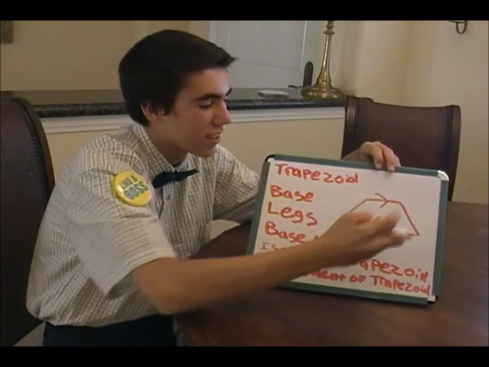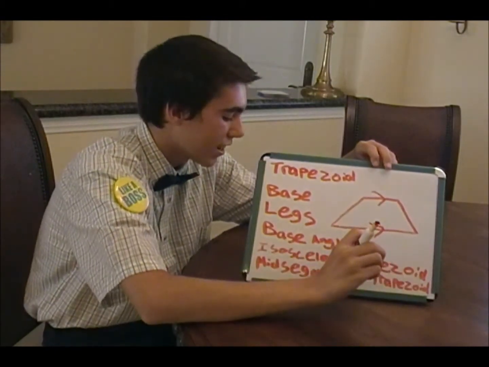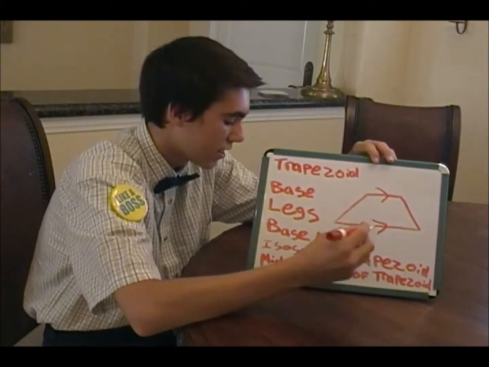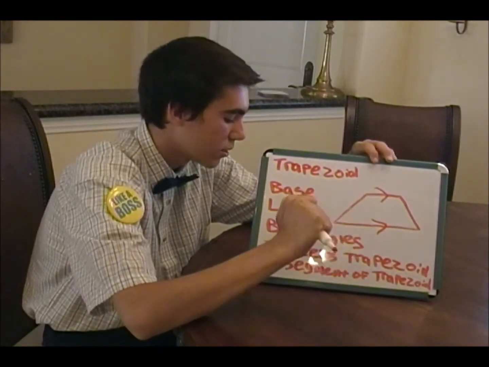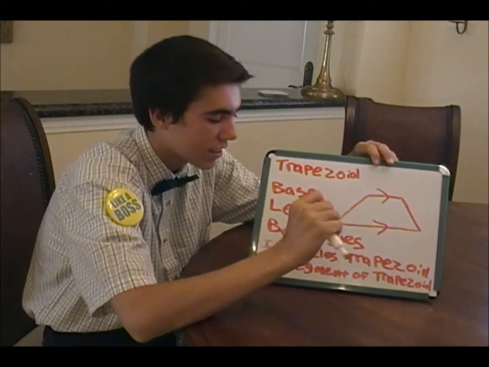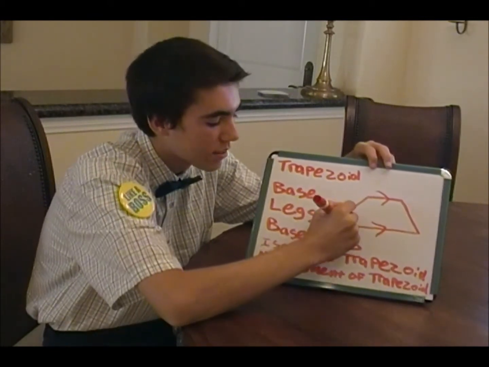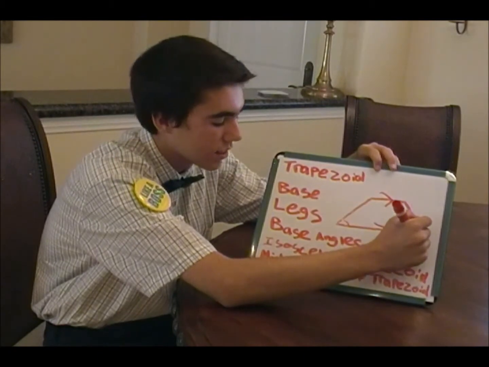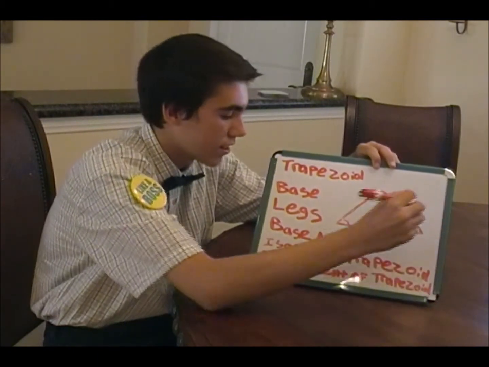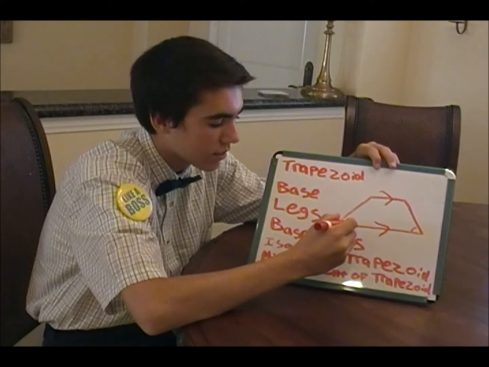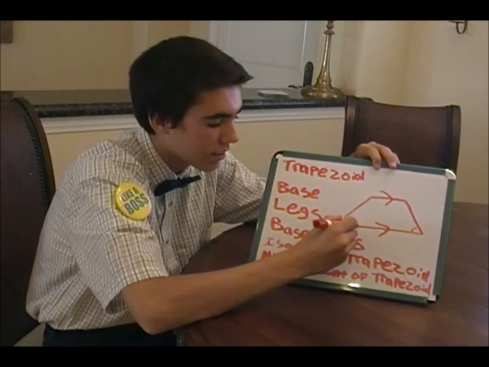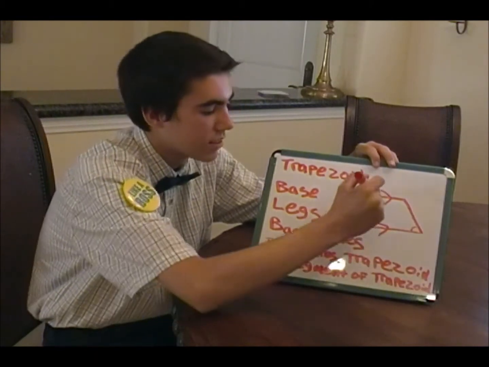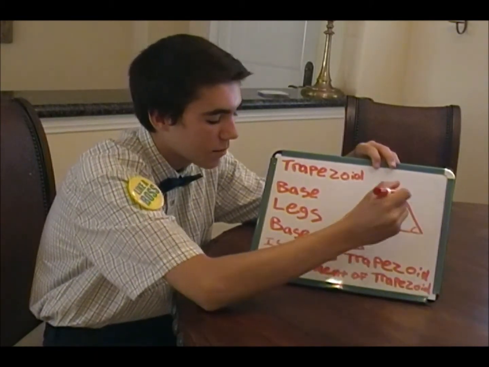Well, they'll eventually intersect. And then you have the base angles, which are the consecutive angles whose common side is a base. So this angle and this angle are consecutive angles, and their common side, right here, is the base side, and same for at the top.